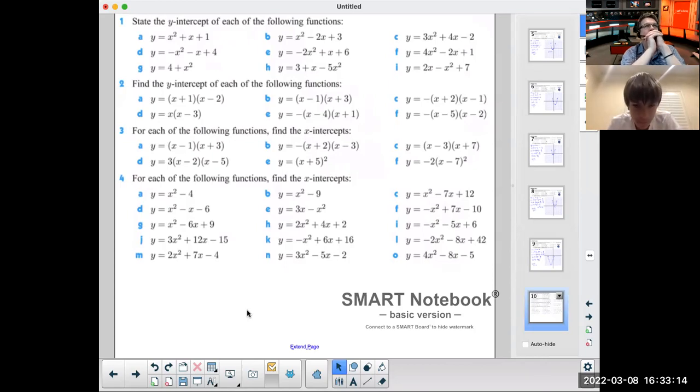Because how do you find a y-intercept? What are you doing? You let what equal what? Equals 0. That's right. You let x equal 0, right? So it'd be 1 and 2. It'd be -2, right?